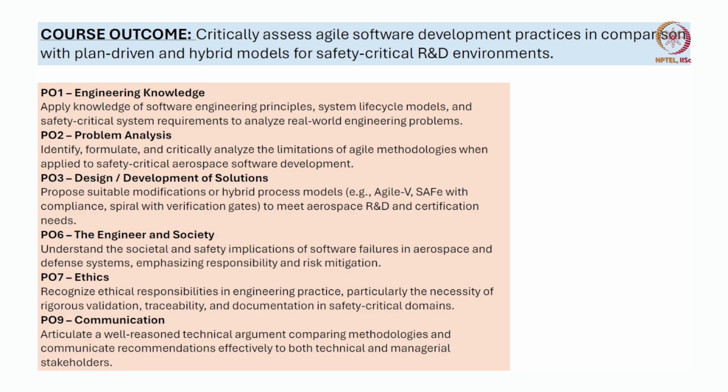So PO1 on engineering knowledge, PO2 on problem analysis, PO3 on development of solutions, PO6 the engineer and society, PO8 which is related to ethics, and PO10 which is related to communication. So you can imagine that such a question, which is actually a competency based assessment, acts as a powerful tool to assess the course outcome and in turn assess a very important set of program outcomes.